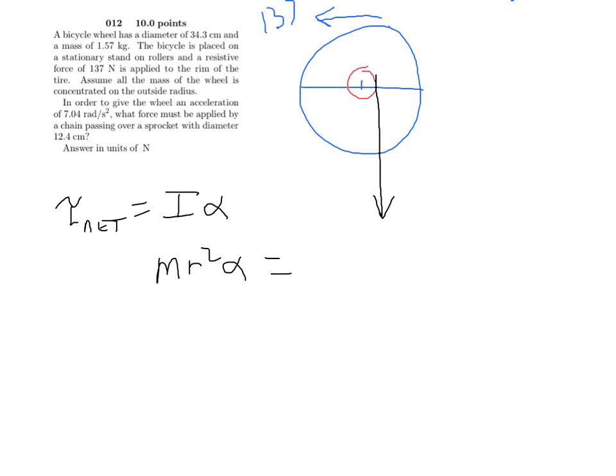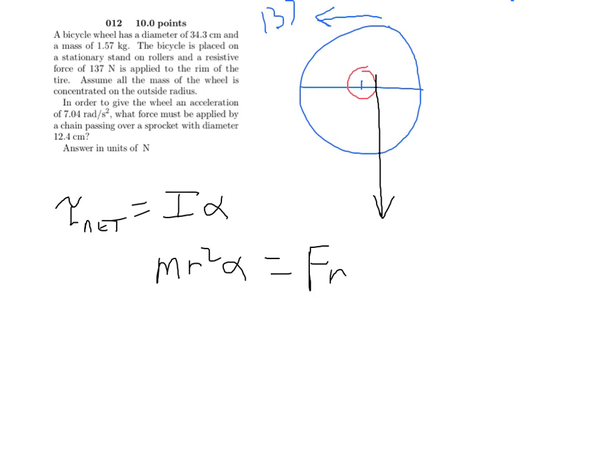The net torque is the difference between the positive torque, which is going to be the force that's applying on the sprocket, and I'm asking, actually, what force must be applied to the chain. So that's the force I'm looking for, times the smaller r, which will be the radius of the sprocket.